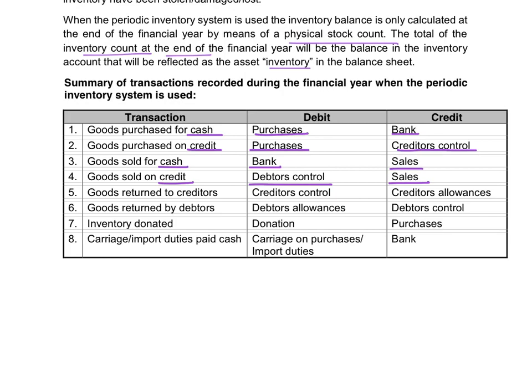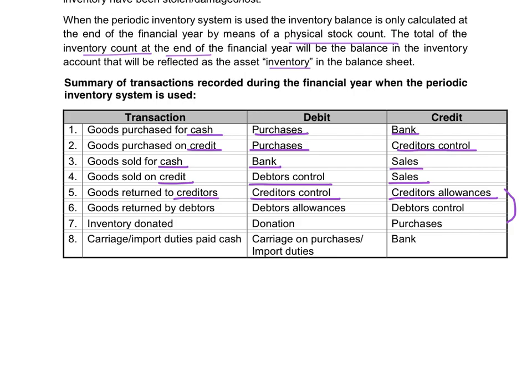Goods returned to creditors will reduce the creditors control on the debit side, and you will credit creditors allowances account. So because we don't record the goods that we return in the inventory account, we have to create a ledger account where we can show this, and this creditors allowances will actually reduce your purchases at the end of the year.